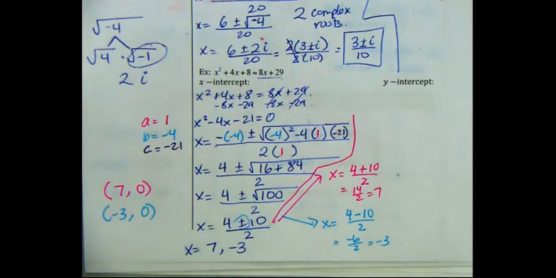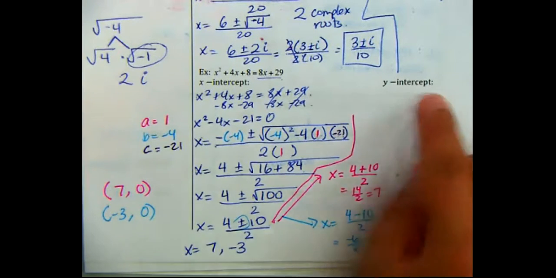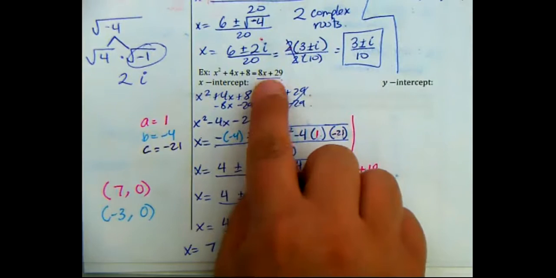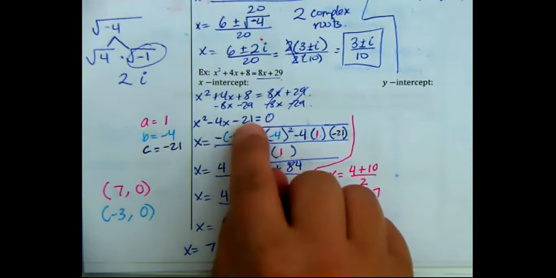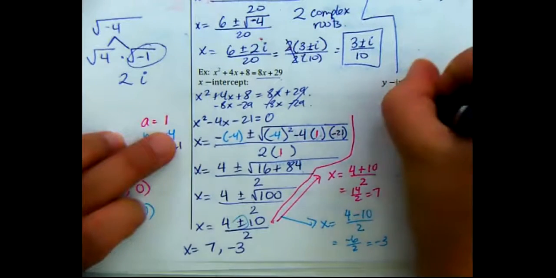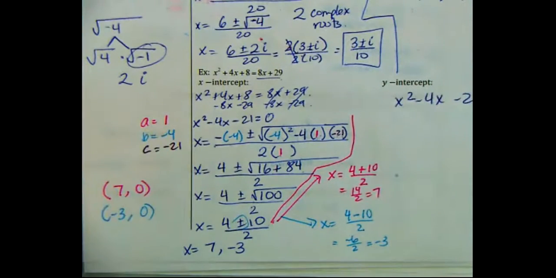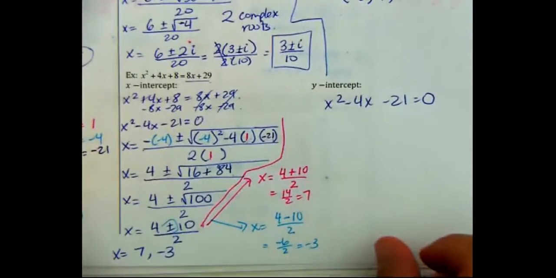Okay. And then for your y-intercept, you have to be careful. Don't go back to here. You want to use the form that has f of x equals 0, where one side is equal to 0. So we're using this form here. Okay.